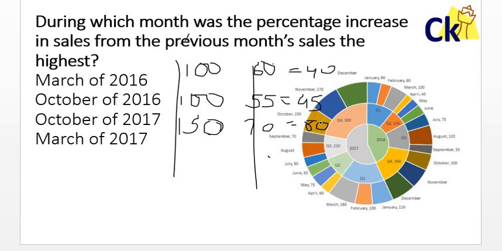Now for March 17 the value is 160, and the value for Feb 17 is 100, so a change of 60.